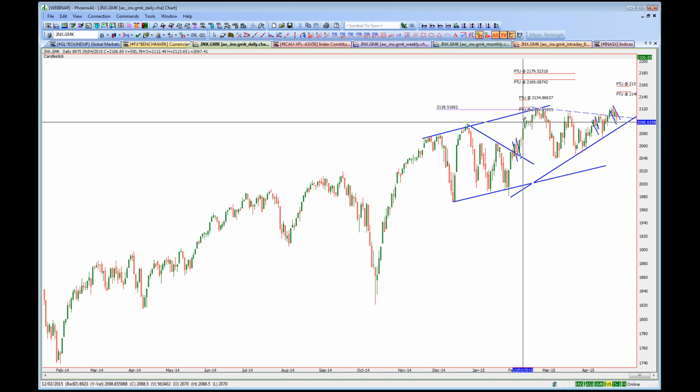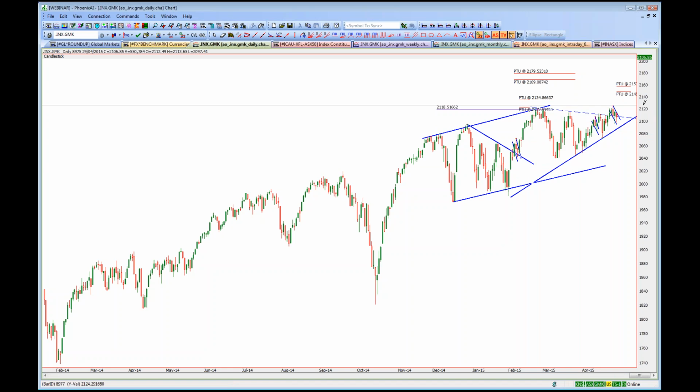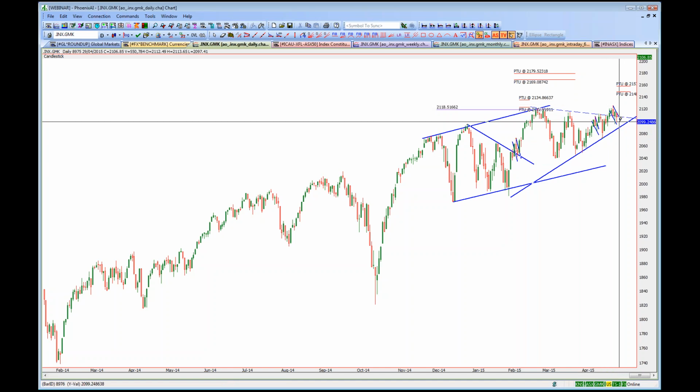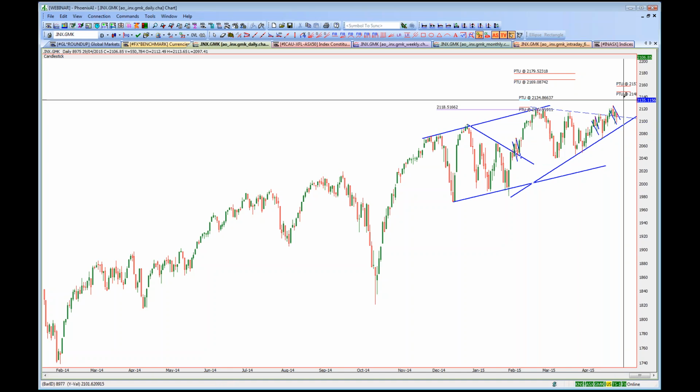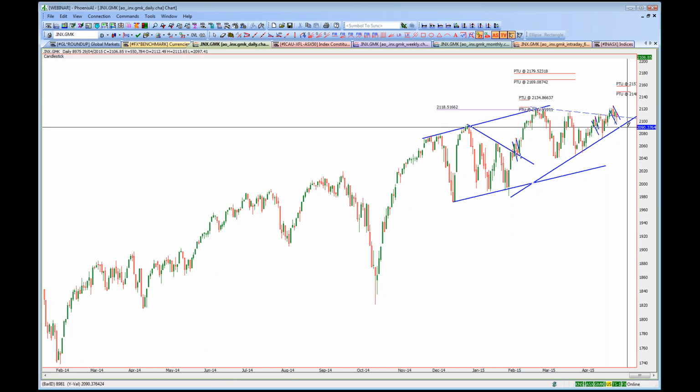Like anything else, if any pattern is to fail, you got to find where's its weakest point of failure, and in this case is right at the top of its flagpole, which is around the 2126 mark. So if it were to fail, that's where failure will occur. But this is looking like a bullish flag, and hopefully we'll be looking for a break to the upside.